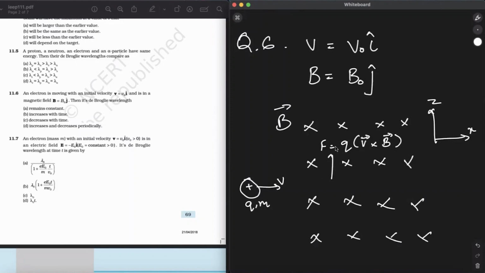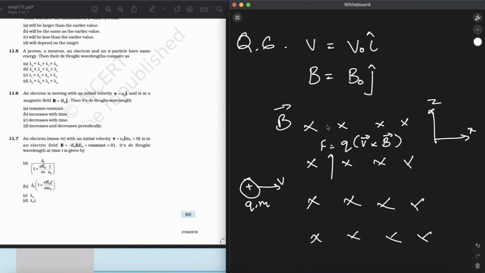So in the question, an electron is moving with a velocity, and we need its de Broglie wavelength. But this force does not increase the velocity of the object. This force is perpendicular to v, so the magnitude of v will not change.